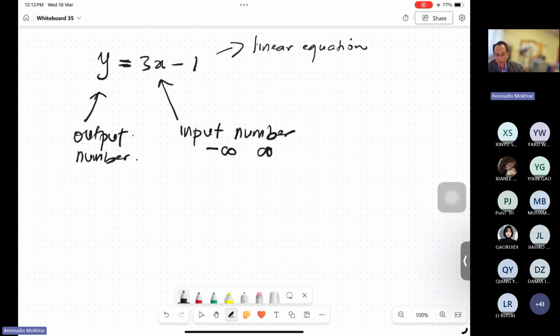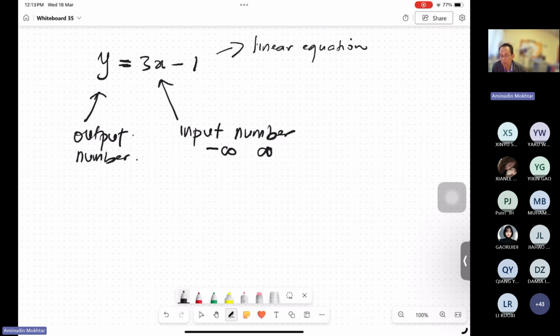Now, we can also ask whether x only has one number. Can x have more than one value? For example, I said earlier, x can take any value from negative infinity to positive infinity. The value of x could be 1, 2, 3, or more. So the value of x depends on the structure of the equation.